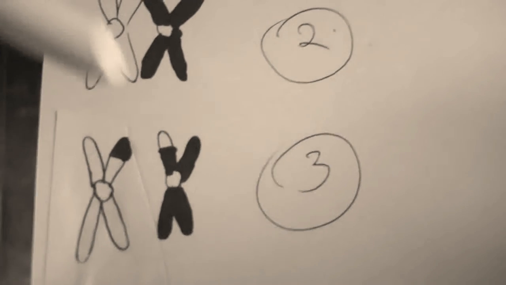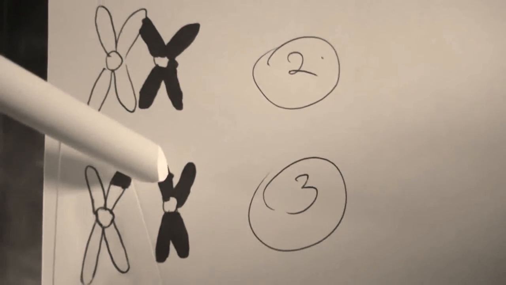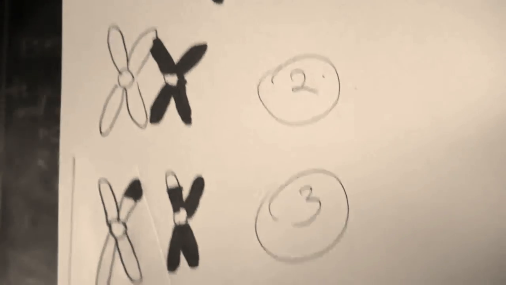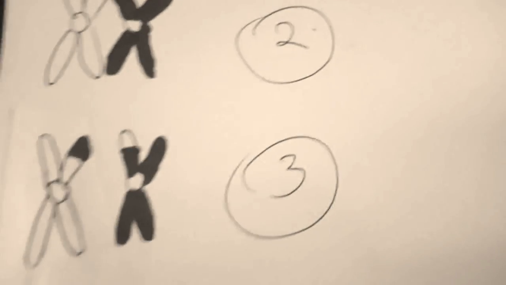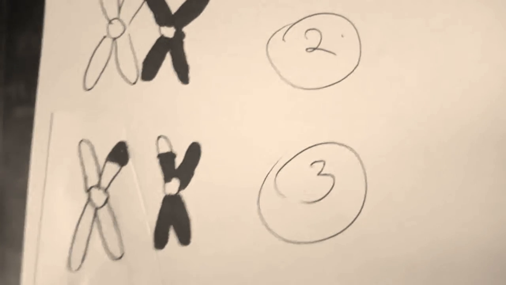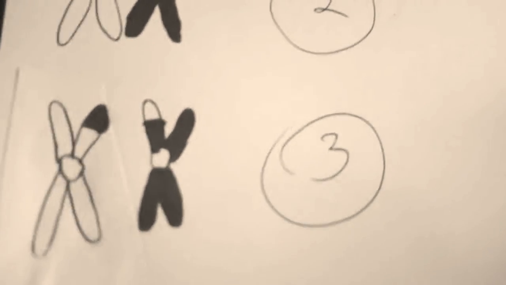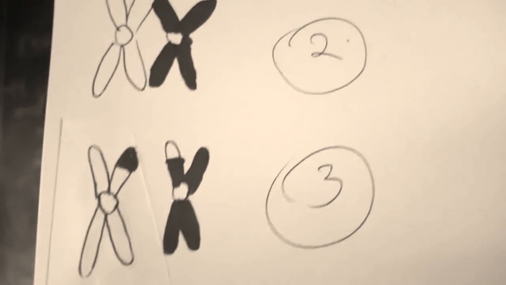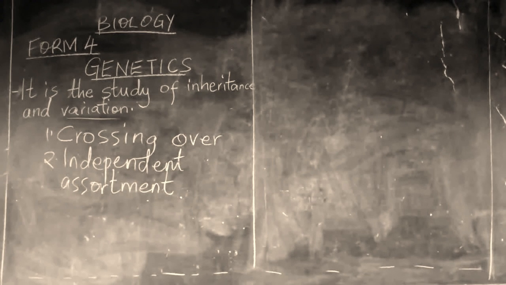Therefore, the types of genes found in chromosome B are totally different from the ones in chromosome A. When they come into contact with one another, there will be the process of crossing over, that is now exchange of genetic material. When they exchange the genetic material, we later on come up with a different type of chromosome at the end.